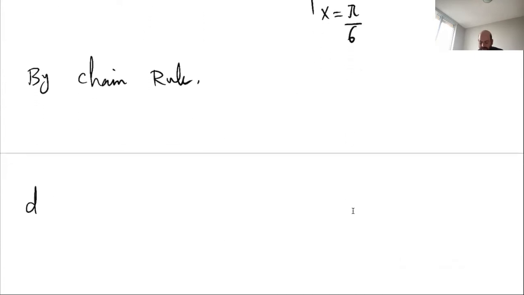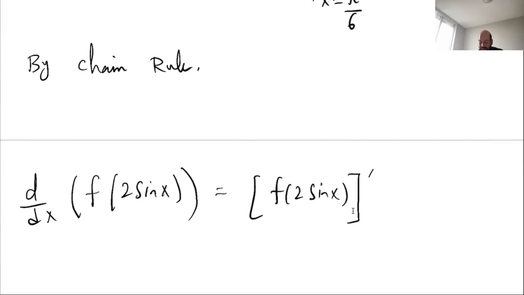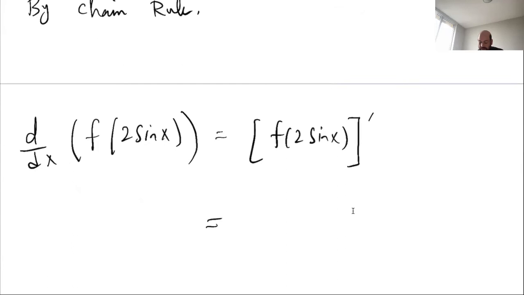So f of 2 sine x, by chain rule, what can we say? d/dx of f of 2 sine x is equal to the derivative of 2 sine x times f prime of 2 sine x.